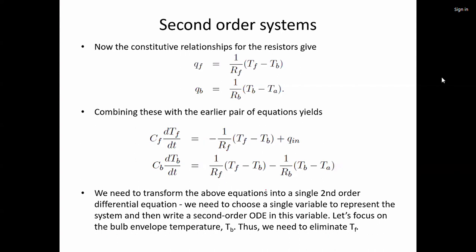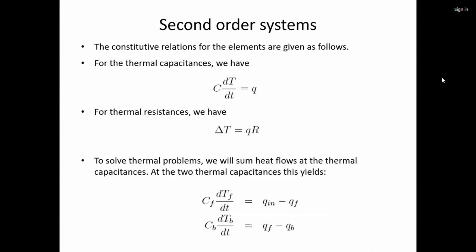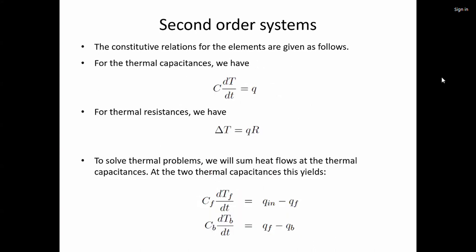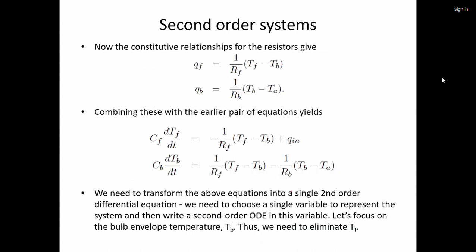Similarly, the second equation: CB dTB over dt is QF minus QB. QF is 1 over RF times TF minus TB, and QB is 1 over RB times TB minus TA. So basically, now we have two equations, combining those four equations.